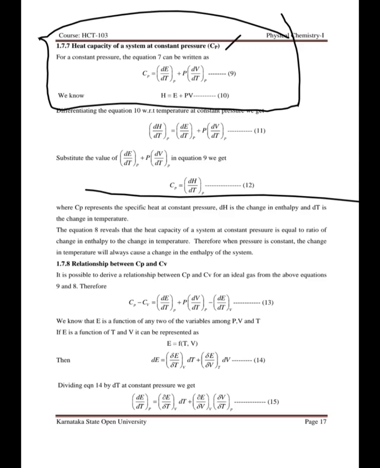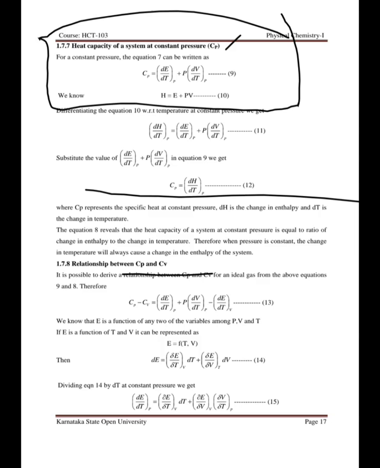And next is the relationship between constant pressure and constant volume. We are going to express the relationship.